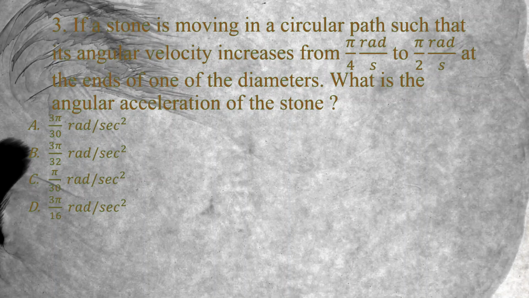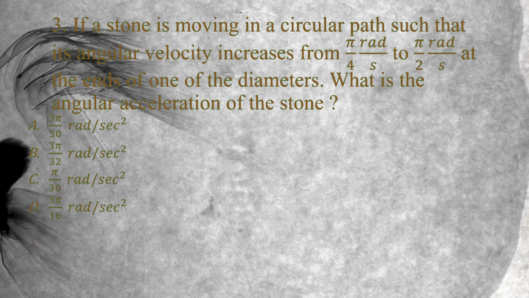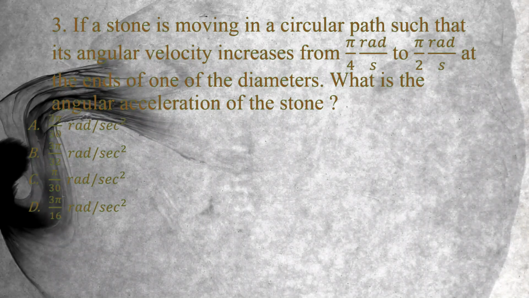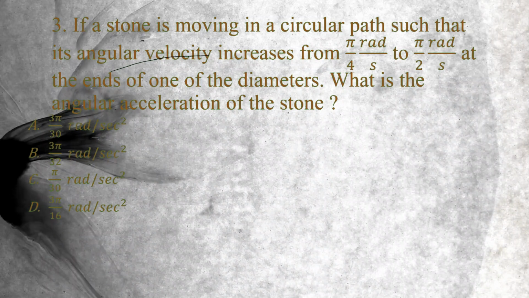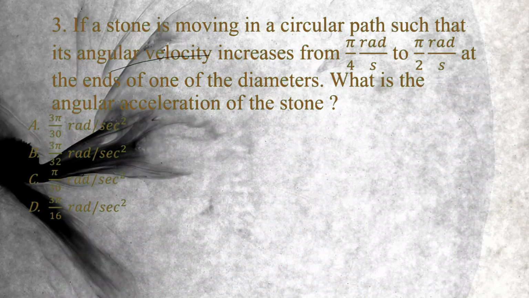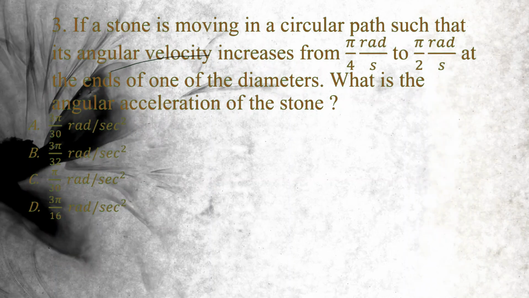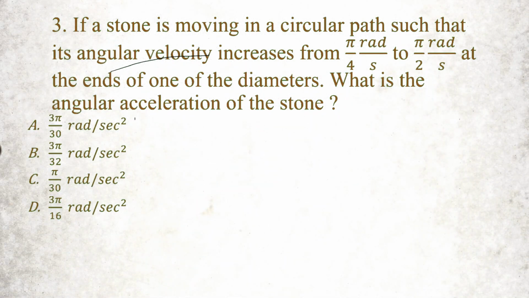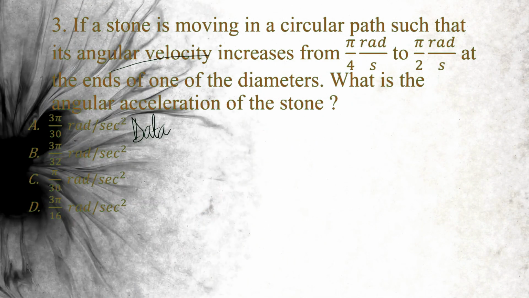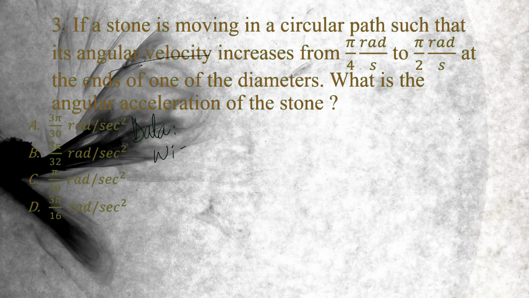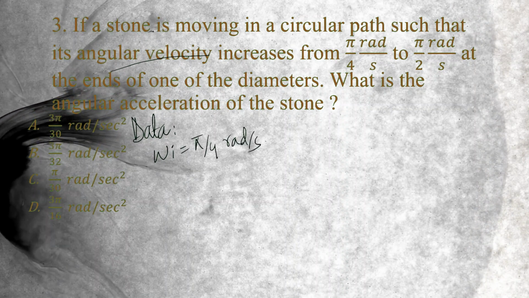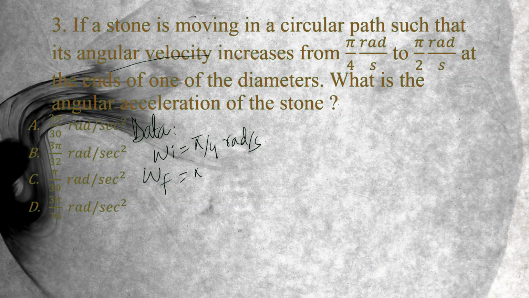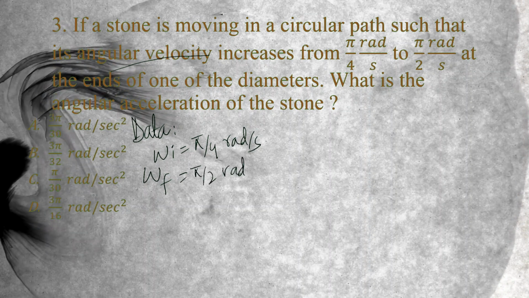Okay students, the next MCQ: if a stone is moving in a circular path such that its angular velocity increases from pi by 4 radian per second to pi by 2 radian per second. So students, we will make the data first: the initial angular velocity is given as pi by 4 radian per second and the final is given as pi by 2 radian per second.